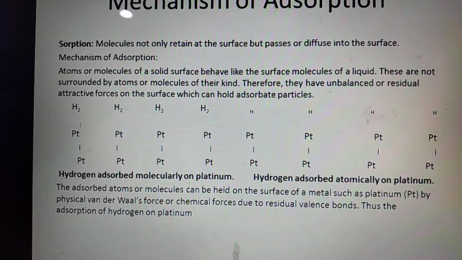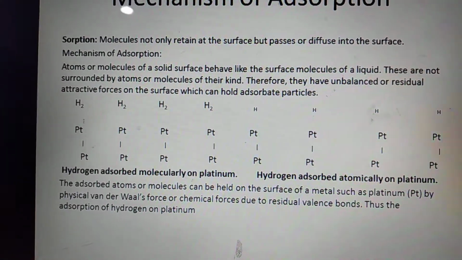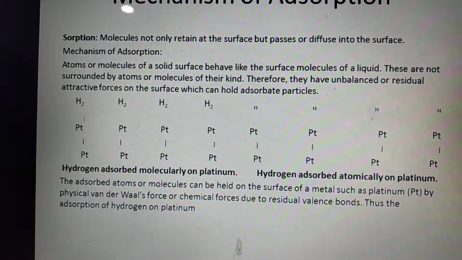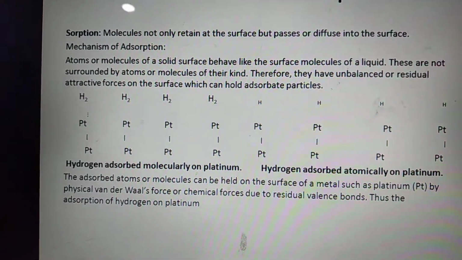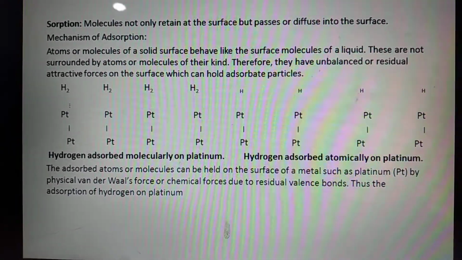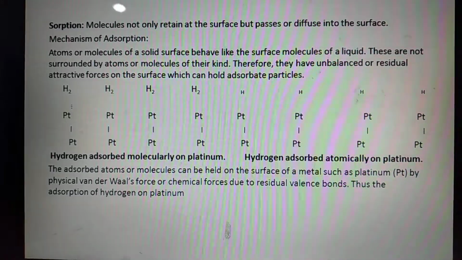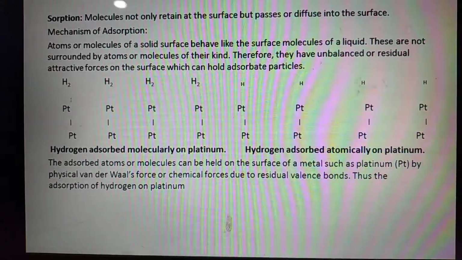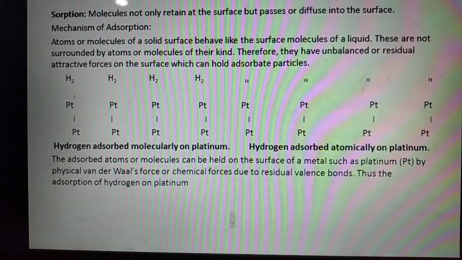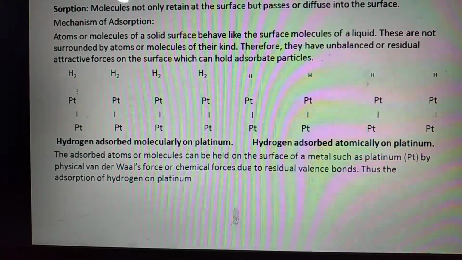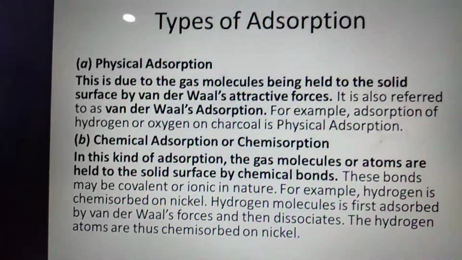On the left-hand side, there is the molecular form of hydrogen on the platinum surface, while on the right-hand side is hydrogen on platinum in atomic form. The adsorbed atoms or molecules can be held on the surface of a metal such as platinum by physical van der Waals forces or chemical forces due to residual valence bonds, and thus the adsorption of hydrogen on platinum occurs.